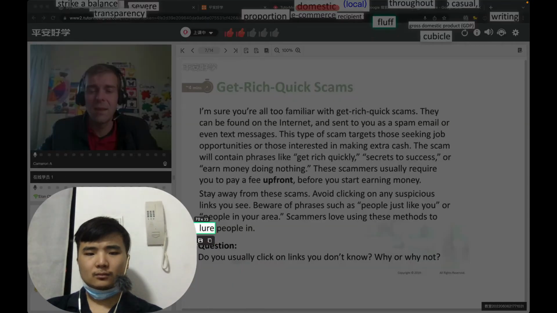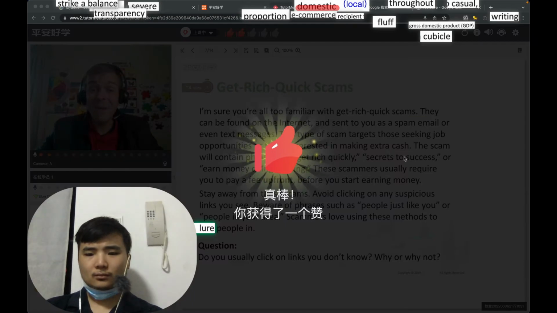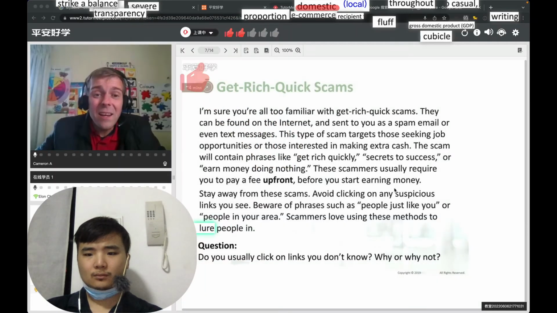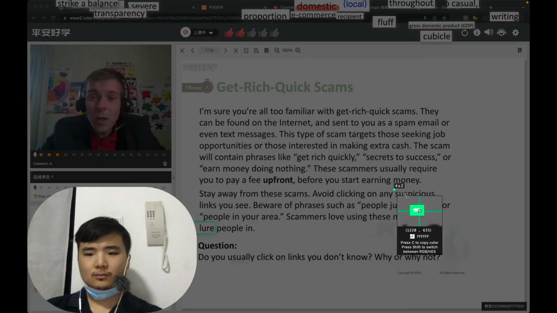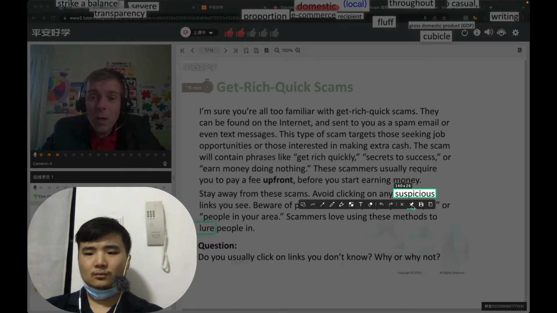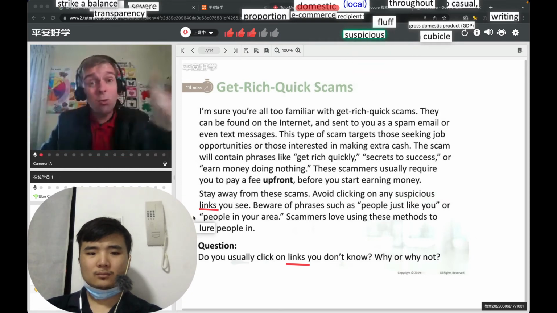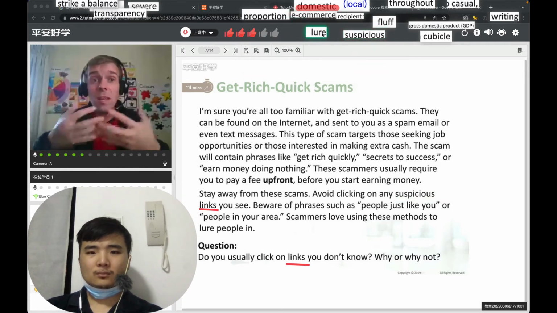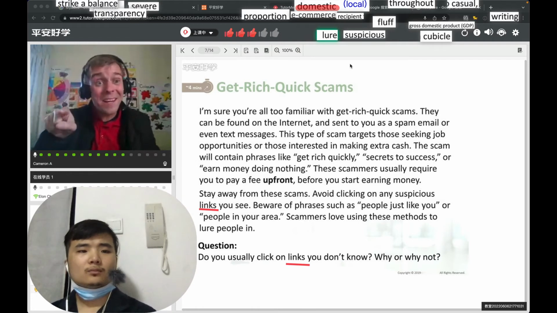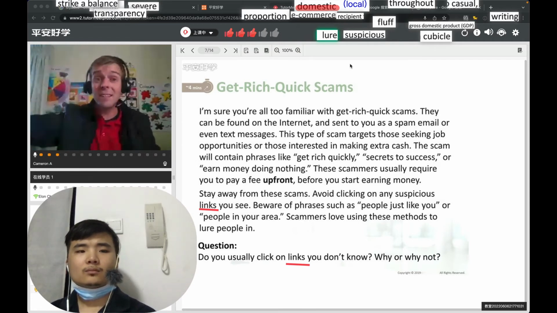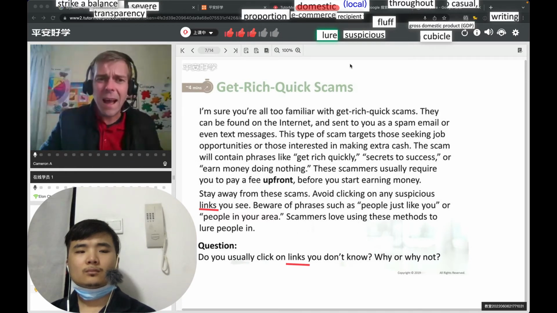Excellent. Well done, Elon. Right, very, very well. Okay. Elon, when they talk about links, a link is when you click on it, it takes you to a new website. So they'll send you an email, it says, click on this link, you've won a prize. And then you click on the link, and then it takes you to a new website. Okay. Do you usually click on links you don't know?